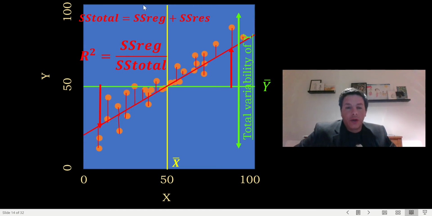And if we divide the sum of squares of the regression over the sum of squares total, this is what we call R square. And it tells us how much the regression accounts for the variability in y.